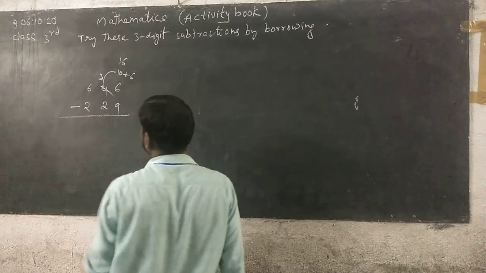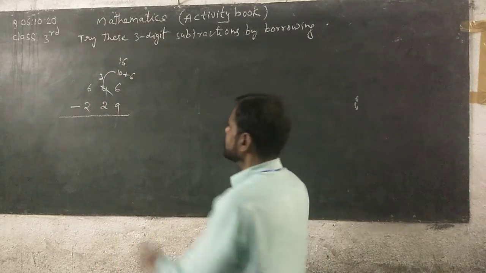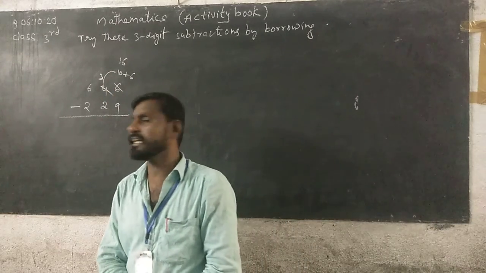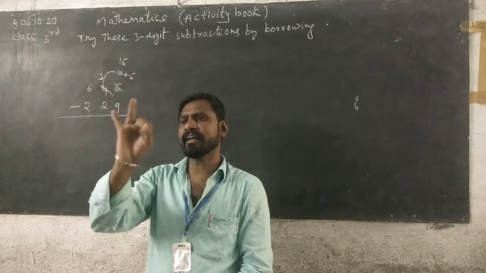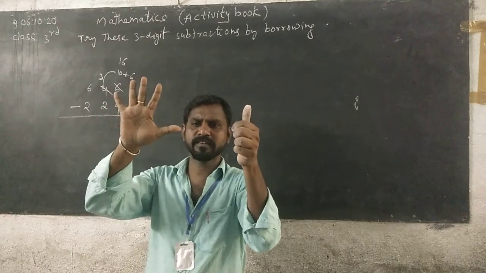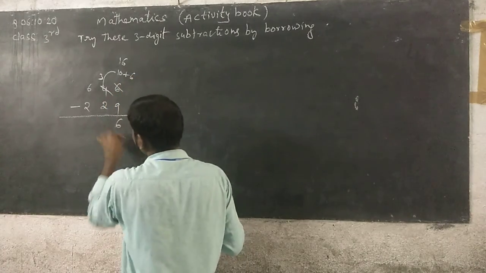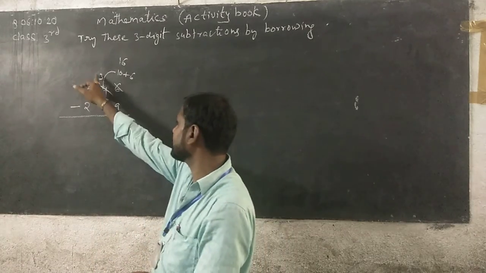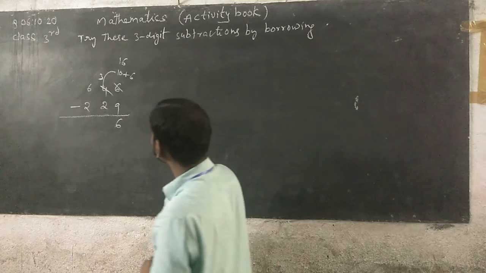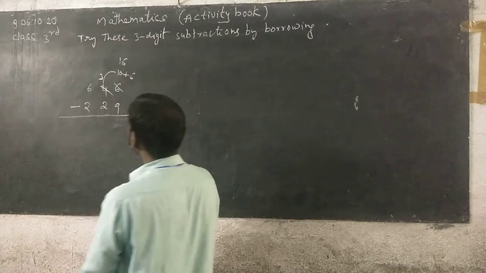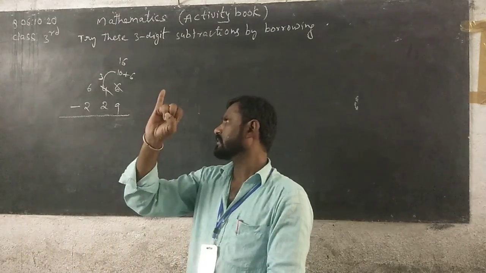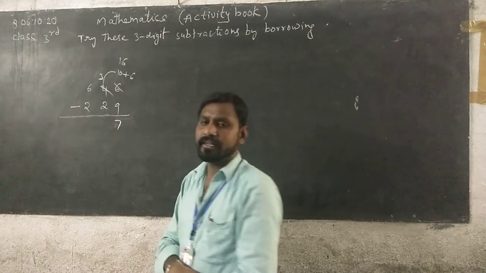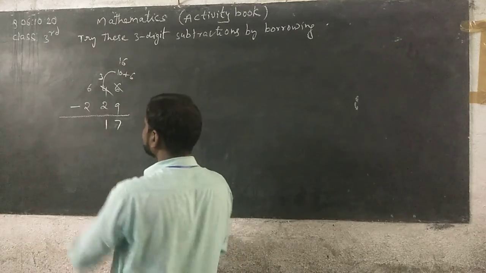So here 3. Here 16 minus 9, you can count after 9 to 16: 10, 11, 12, 13, 14, 15, 16. So you get 7, write it down under the ones column. Next, subtract the digits in the tens place, that is 3 minus 2, that is possible. 3 minus 2, 1.